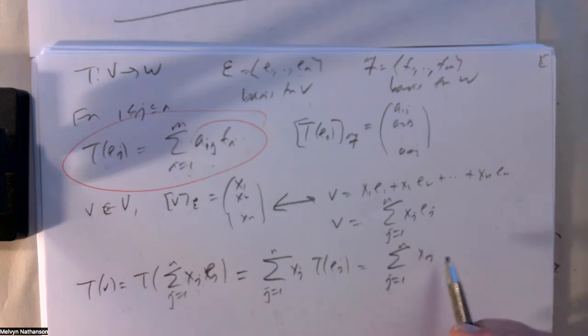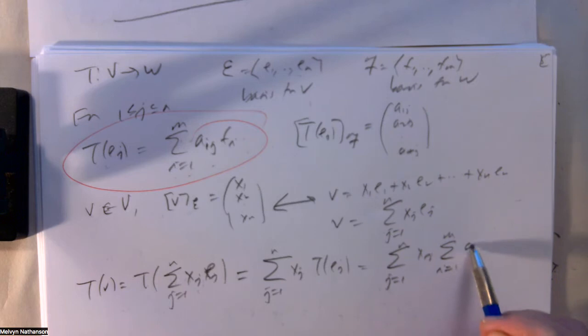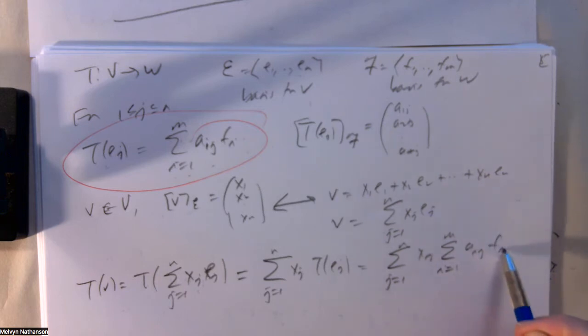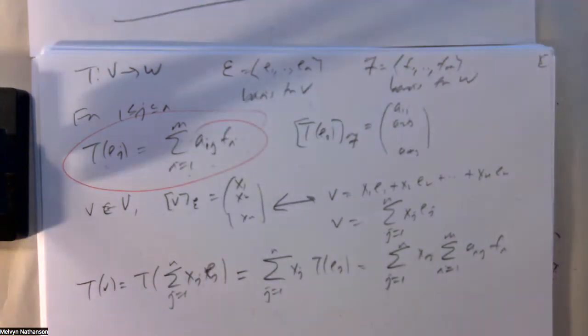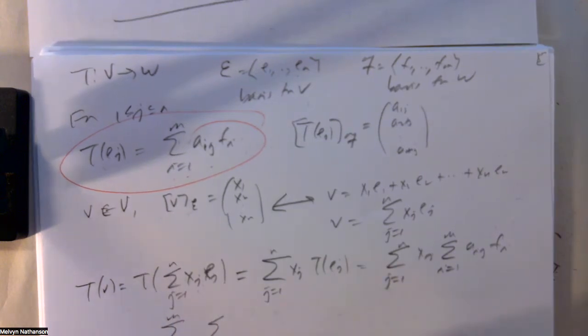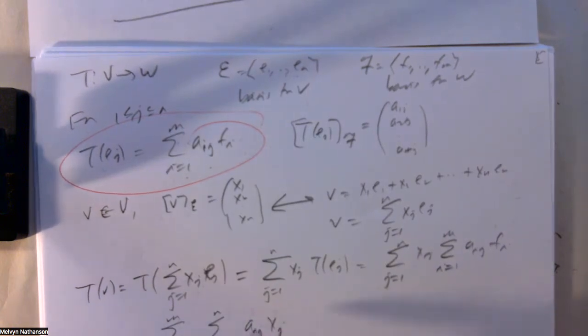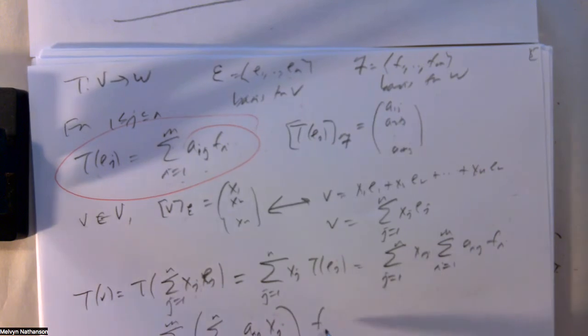So this is summation, i goes from 1 up to m, aij fi. If I interchange summations, I get summation i goes from 1 up to m, summation j goes from 1 up to n, aij xj times the vector fi.